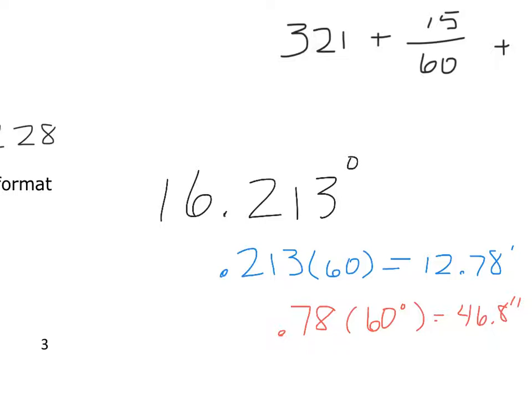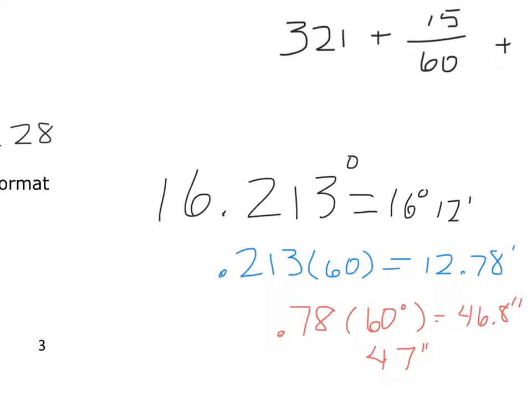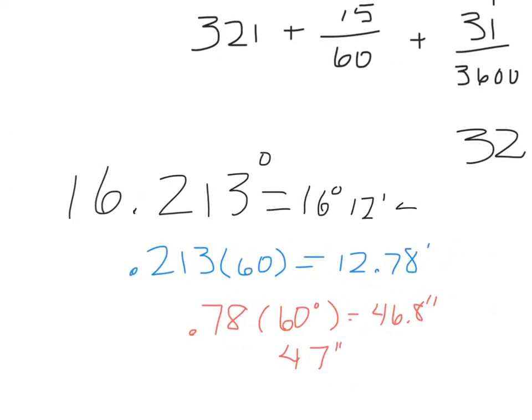So we round on the seconds. We're going to take that 8 and round up, and so we get 47 seconds. So what this is equal to is 16 degrees, 12 minutes, and 47 seconds. All right?